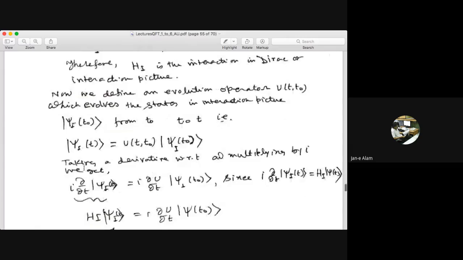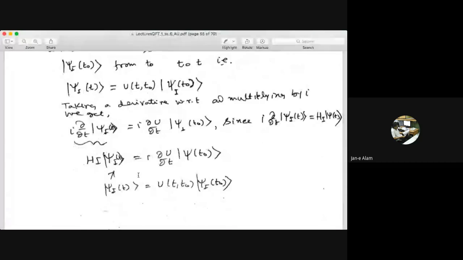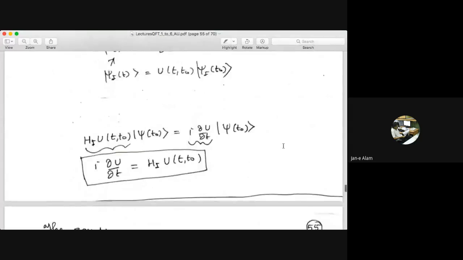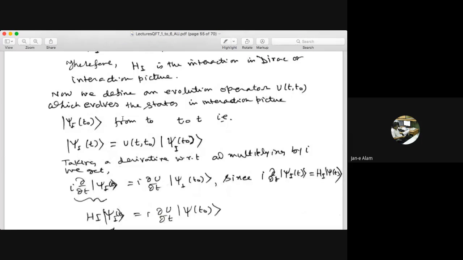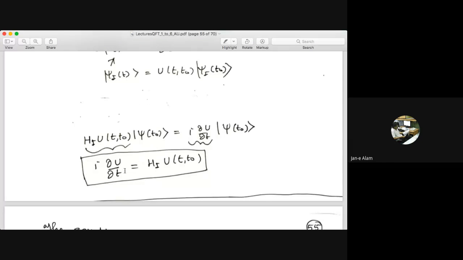If you do that, then again you take the derivative of this and do some manipulations, all the lines of which I have discussed, so I am not repeating it. You get the evolution of the operator U, which evolves a state in the interaction picture from t naught to t. That U satisfies a differential equation, and in that differential equation you have only the interaction Hamiltonian.